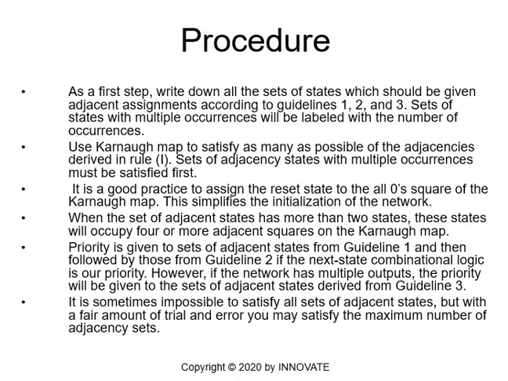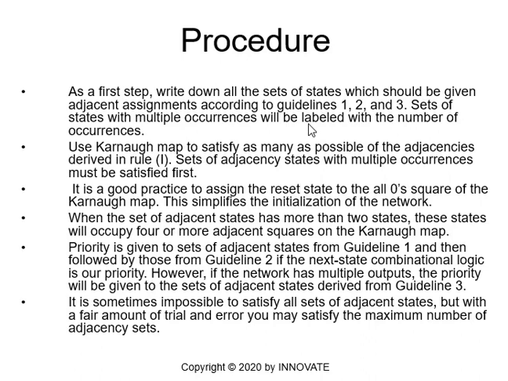Now the procedure: how we use these guidelines. As a first step, we write down all the sets of states which should be given adjacent assignment according to guidelines 1, 2, 3. Sets of states with multiple occurrences will be labeled with the number of occurrences.